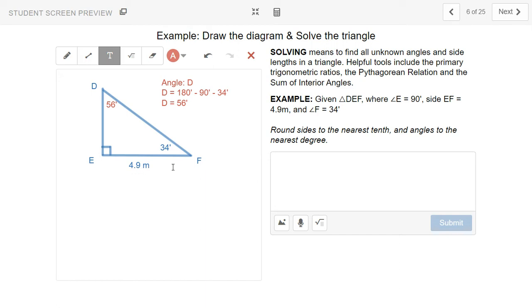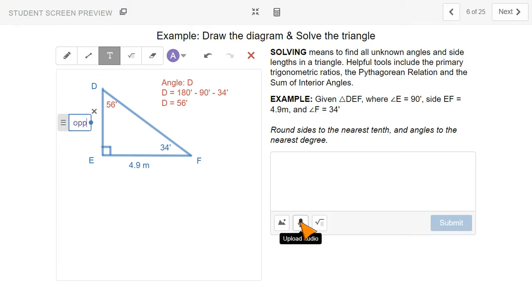Let's use trig ratios now to find one of the sides. I'm going to use 34 as my working angle, but since you've got both non-right angles there, you could choose to use 56 instead. But let's use 34. So the sides are going to be named relative to 34.